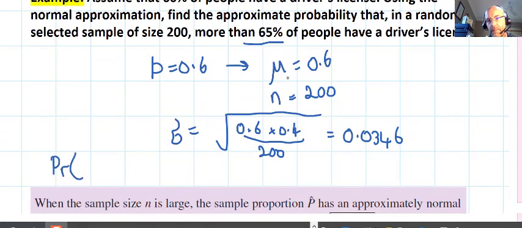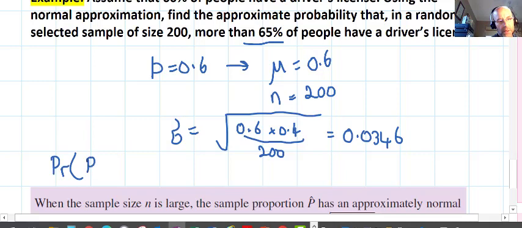So what's the probability in a randomly selected sample that more than 65% of people have a driver's license? That's when p hat is greater than 0.65.